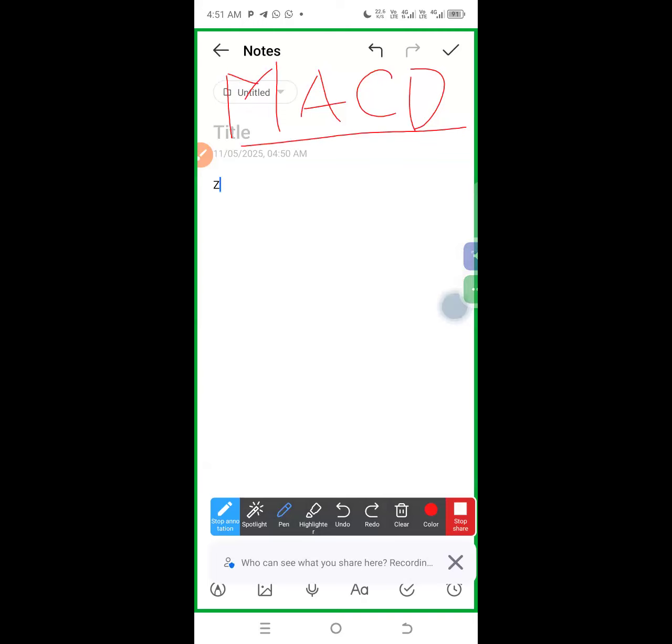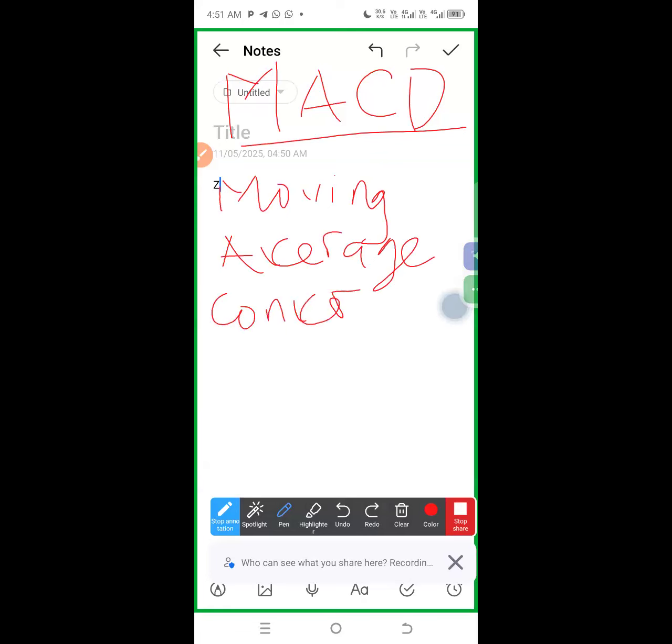When you talk of MACD, we mean the moving average convergence divergence.